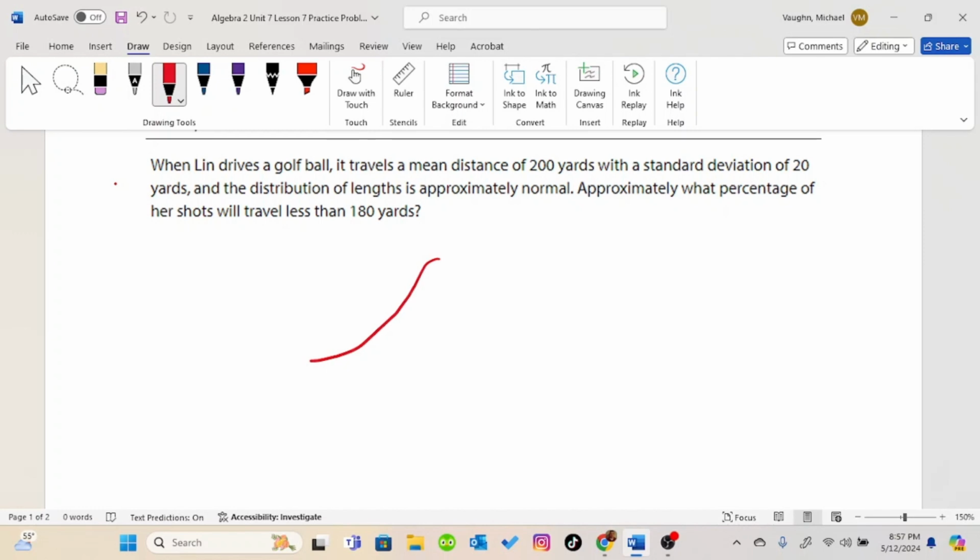So we're going to have the bell-shaped curve, and they told us the mean distance is 200 yards. So that will be the center. And then they told us the standard deviation is 20.